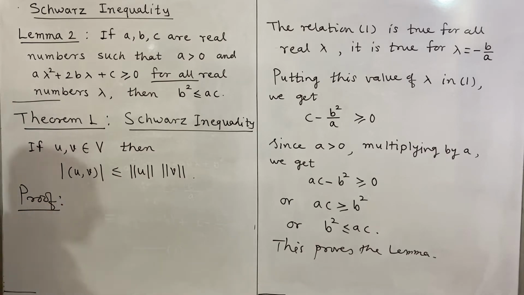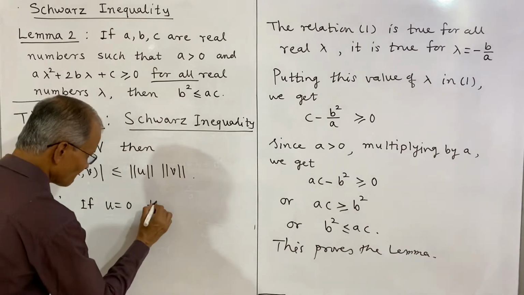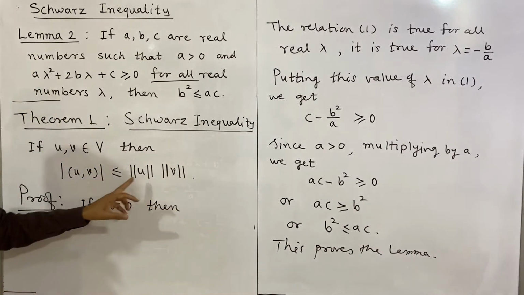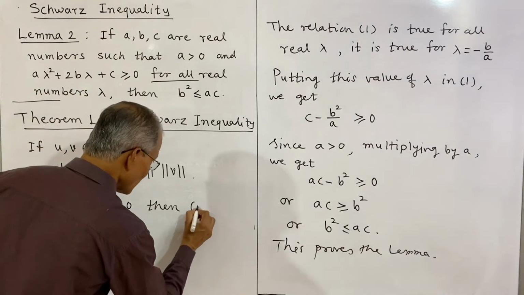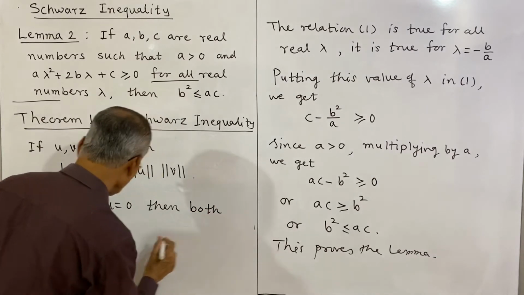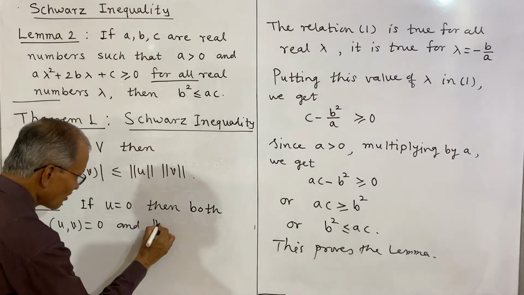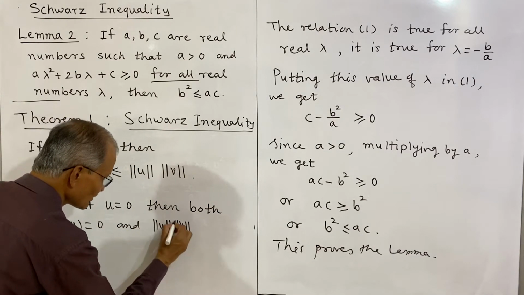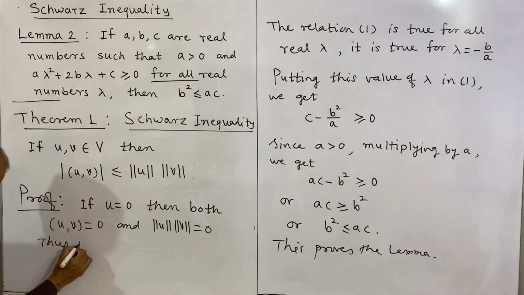Now, what happens if u is equal to 0? That we shall first state. If the vector u is 0, then both sides will be 0, since the inner product of a vector with 0 is always 0. So the inner product of u with v is 0, and the norm u times norm v is also 0, and the result is true in this case.